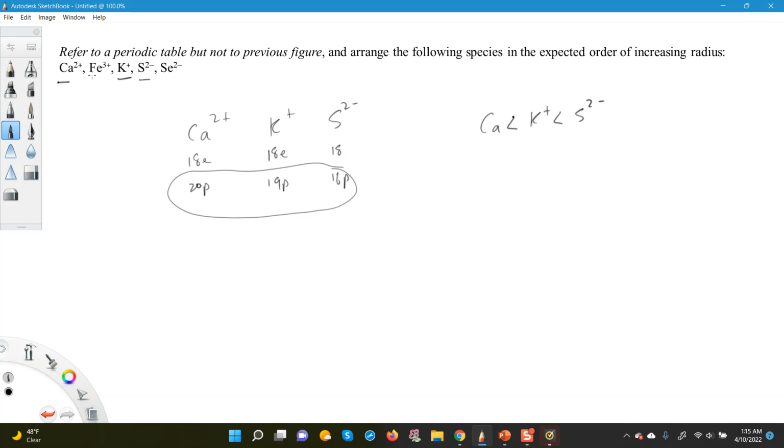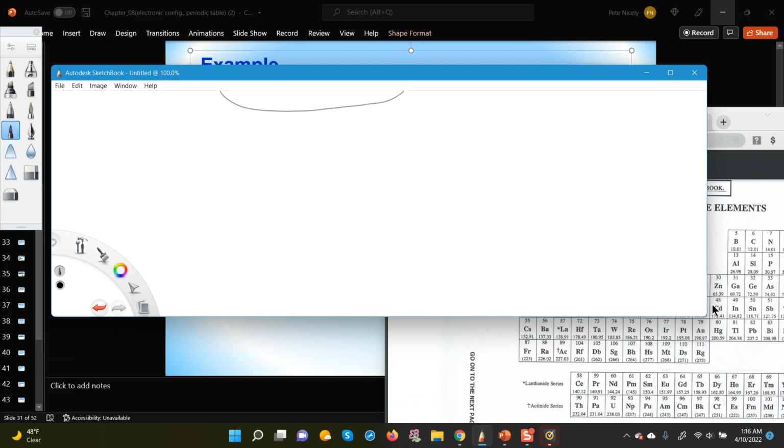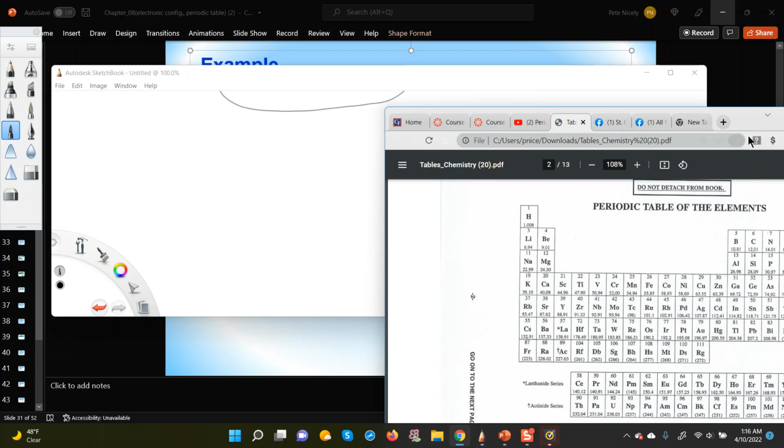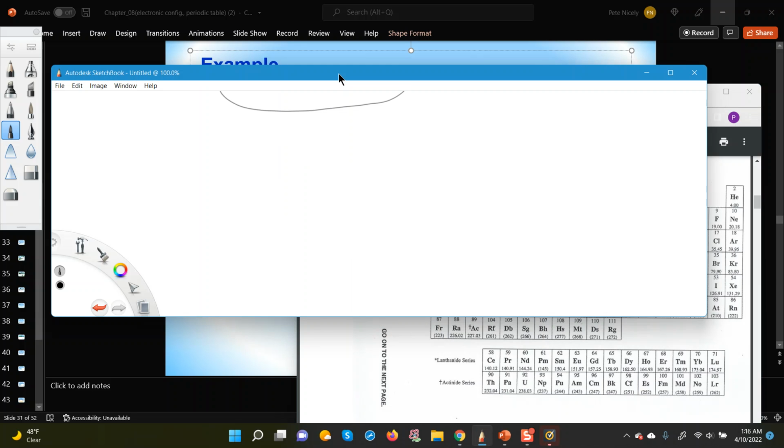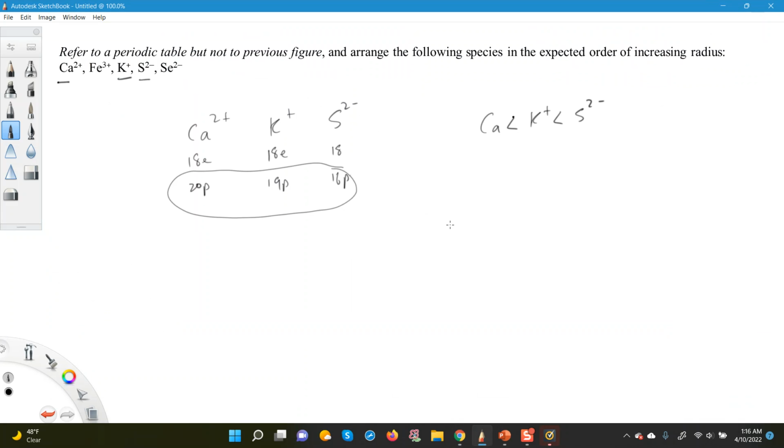Now that leaves Fe3 plus and the selenide ion to determine. Now, as far as the selenide ion is concerned, if you look at the periodic table, you'll see that selenium is below sulfur, so that means that selenide will be below sulfide, which means that the selenide ion would be of a larger size. So we can put the selenide here.